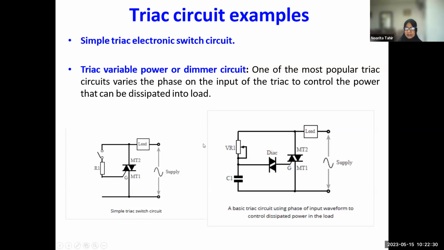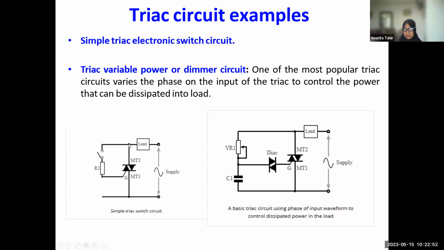What happens here is that the triac can function as an electronic switch, which enables a trigger pulse of a lower power switch to turn the triac on, to control much higher power levels than might be possible with a simple switch.